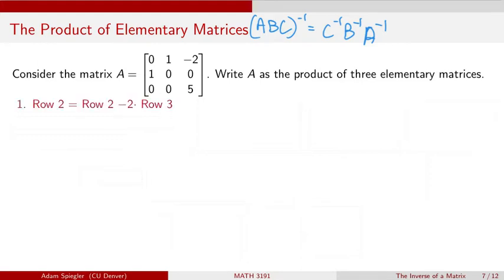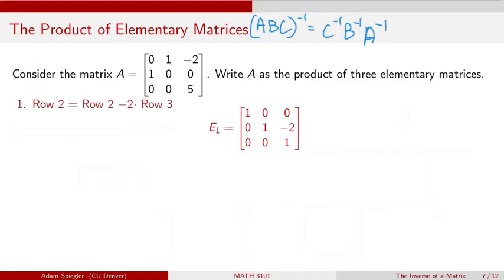I can first do a row replacement. I'm going to replace row 2 with row 2 minus 2 times row 3. And let's write out what that matrix would look like. E1, I'm going to call this matrix for the first operation, would have row 2 replaced with minus 2 times row 3 plus row 2.